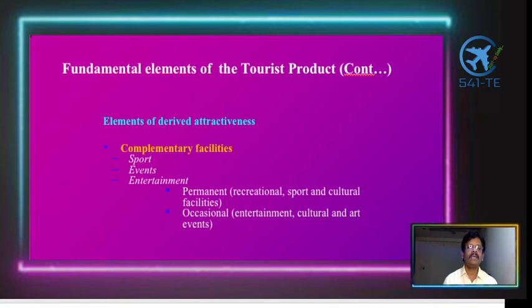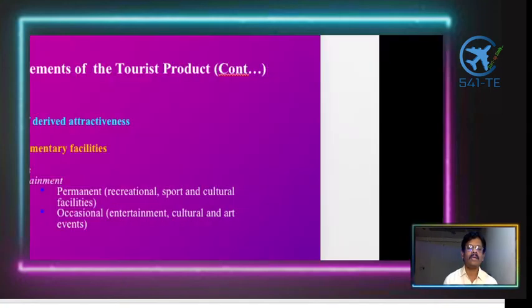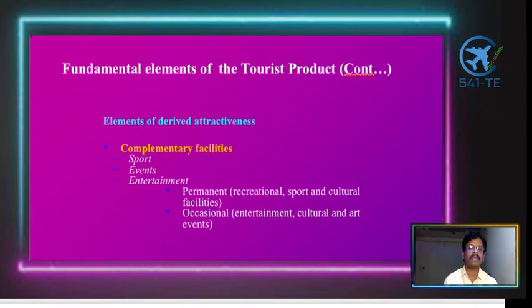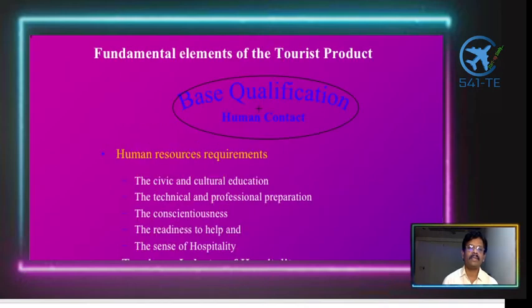When you see the elements of derived attractions like complementary facilities such as sports, events, entertainment, and permanent recreational sports, and then cultural facilities, and occasional entertainment, cultural and art events. So like that, on a destination you will find several aspects and events actually provided by the service providers.